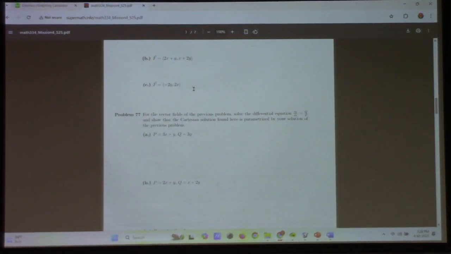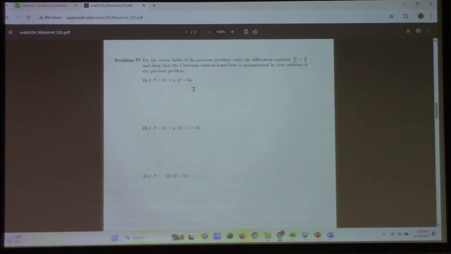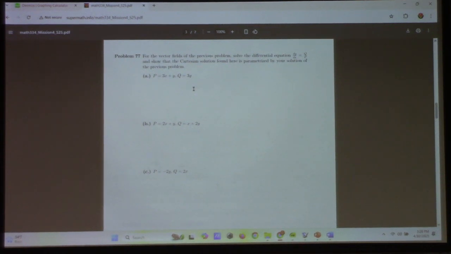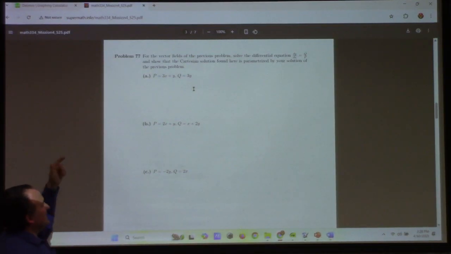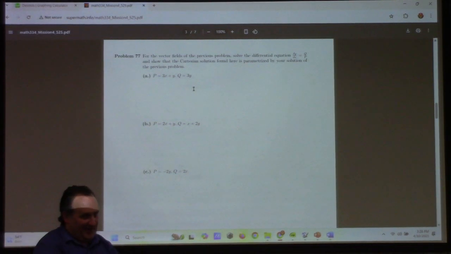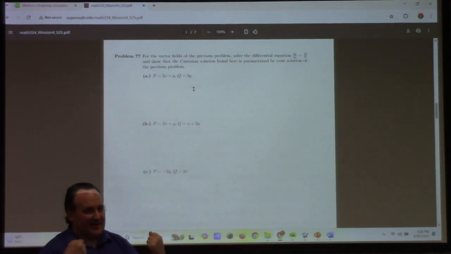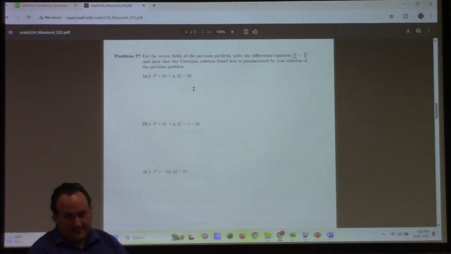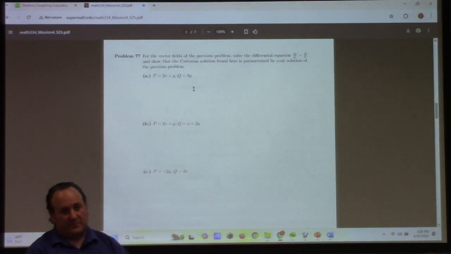77. Oh yeah, this one's ugly. Like I said in the announcement, solving the differential equations in parts A and B is formidable. I'm not sure I'm going to be able to do them when I actually have time to try. Looking at it, I started with one of you. We worked it out to a cubic after making a v equals y over x substitution, but it's still quite nasty.